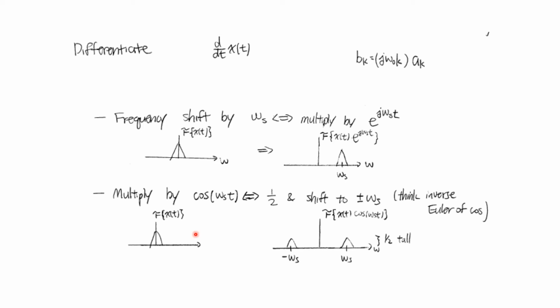Or another way to look at it, as you might have seen in your amplitude modulation lab and homework, is when you take a signal originally centered at frequency 0 and multiply it by cosine omega st, instead of being centered at 0, it now gets shifted out and is centered at positive omega s and negative omega s. And the power of the signal is basically split, so each of these is half as tall as the original.